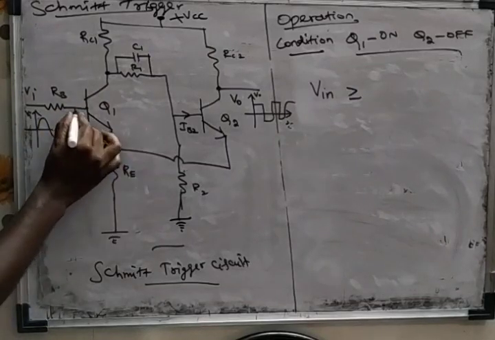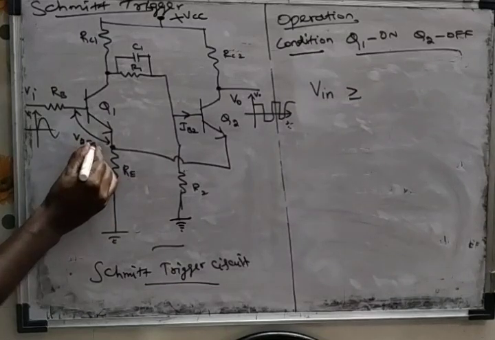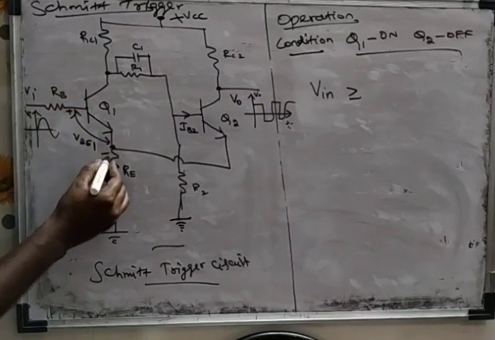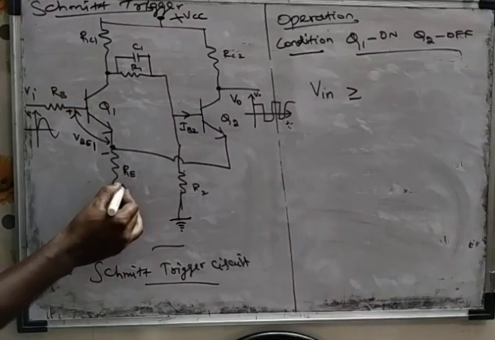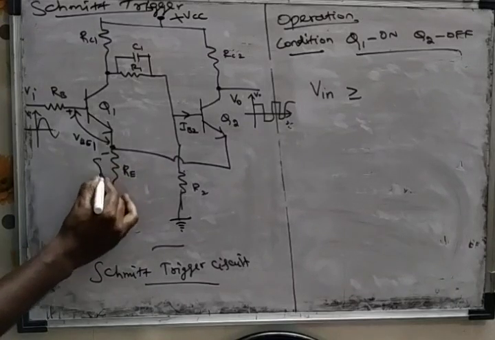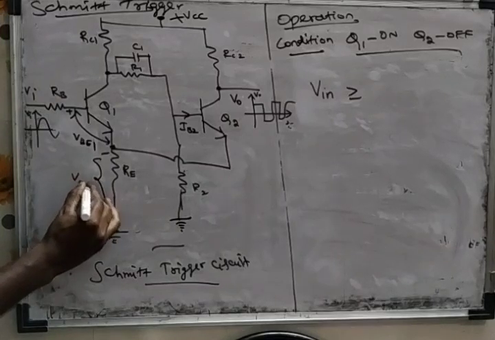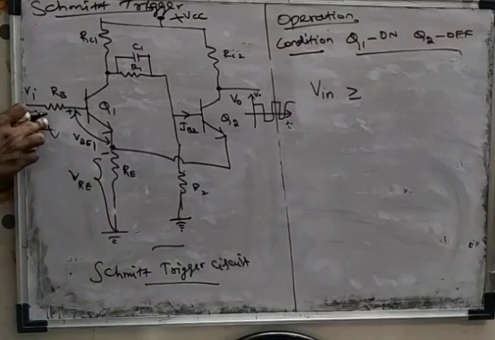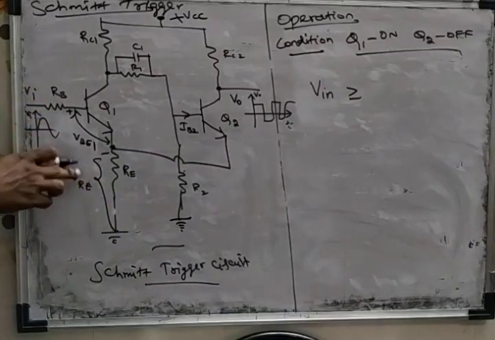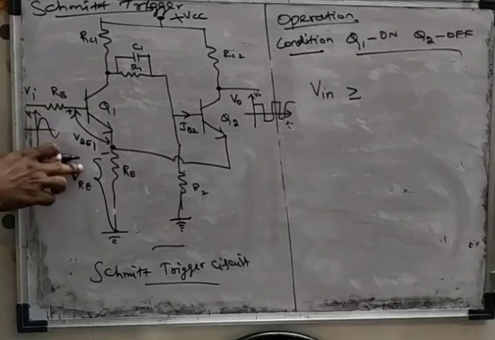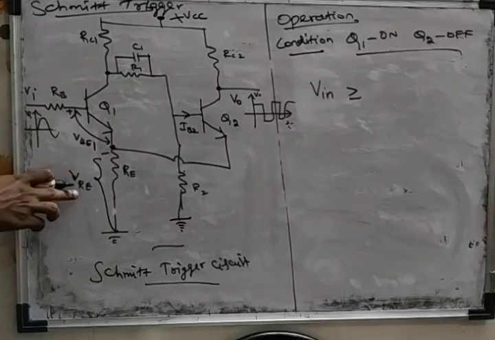the base emitter voltage VBE1 and the emitter voltage VRE. When we apply KVL, you get VBE1 plus VRE.